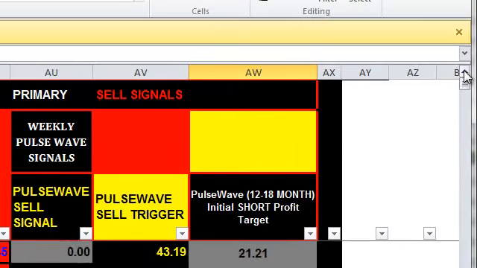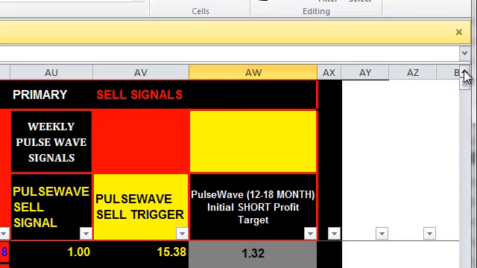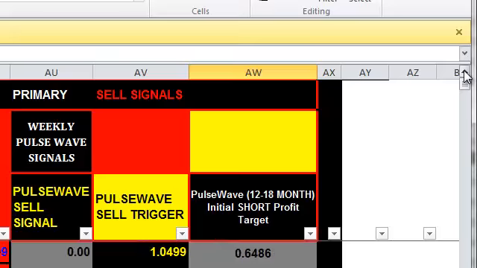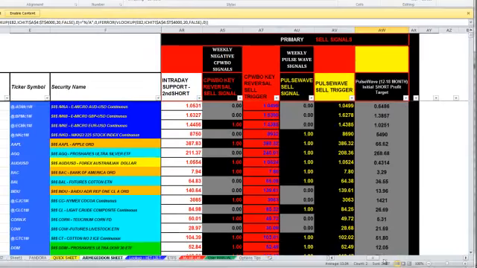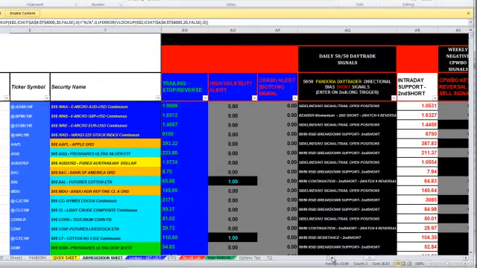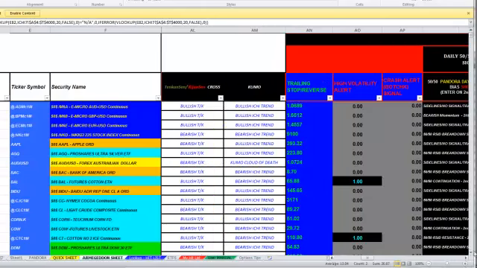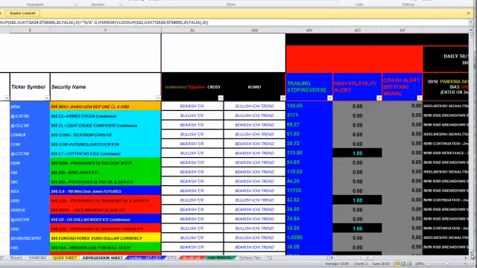You need to have an edge. You need to have an advantage if you're going to be a winner and a repeat winner, and win consistently and remain profitable over time. Doing the same thing that everyone else is doing is not going to get you there. It's impossible.